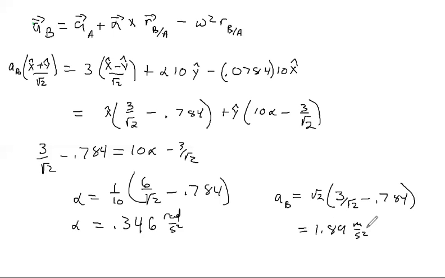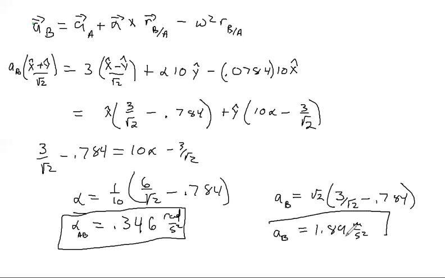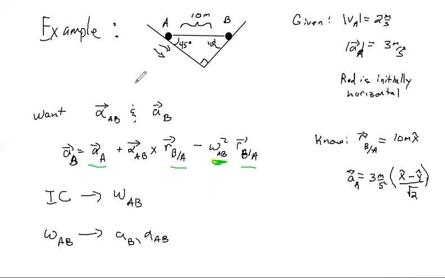Okay, so that gives us the angular acceleration of the rod AB, and I guess really it's the magnitude of the acceleration of point B for this setup.